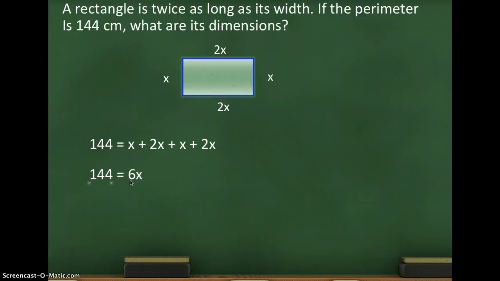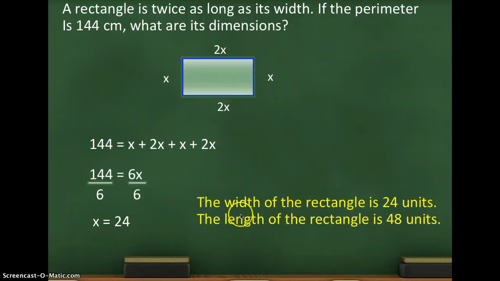So we divide both sides by the coefficient, which is 6. Okay, 144 divided by 6 and 6x divided by 6, which should give you 24. Okay, so your dimensions then are, the width of the rectangle is 24 units, and then your length is 48 units.